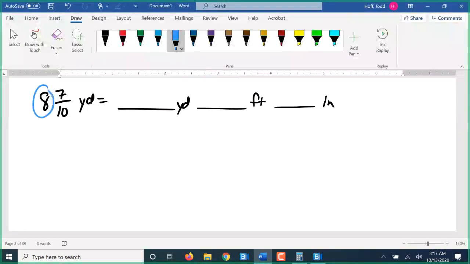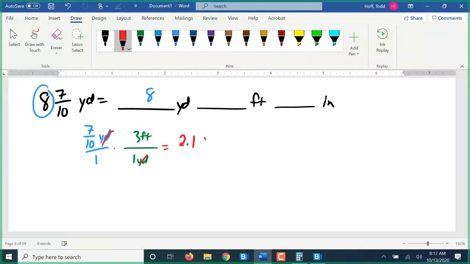We're going to start out with the 8 yards. We're just going to take that off. 7/10 of a yard. We're going to convert that using that 1 yard equals 3 feet. So 3 times 7/10 is 2.1 feet.